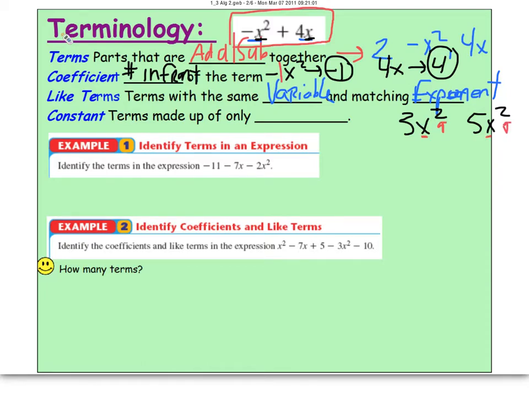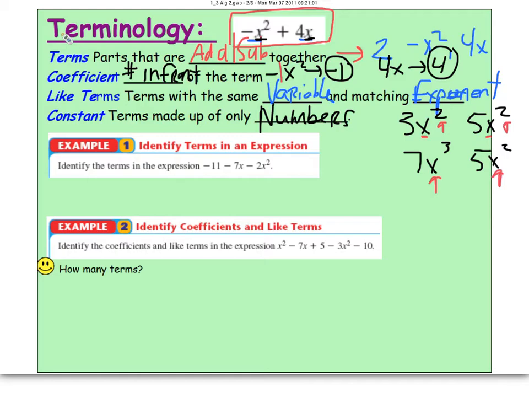But if I said 7x cubed and 5x squared, they are the same variable, but they're not the same exponent, so you cannot consider them like terms. The last vocab is a constant, and they're terms made up only of numbers.